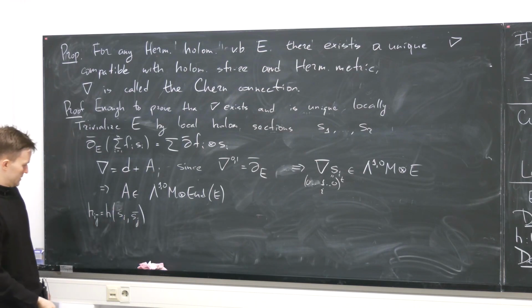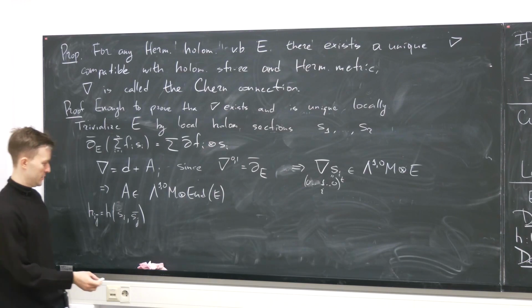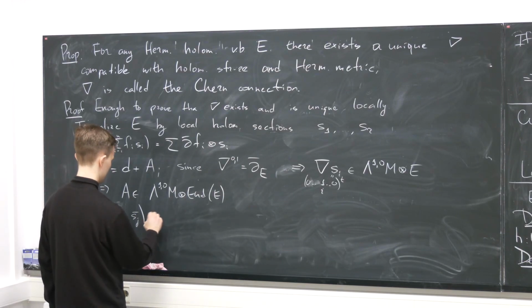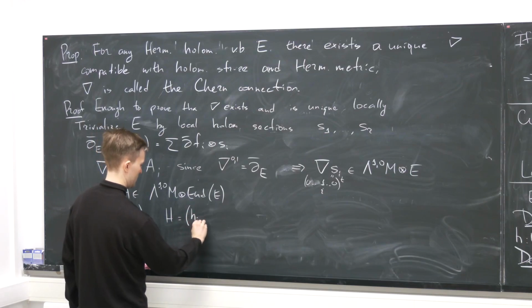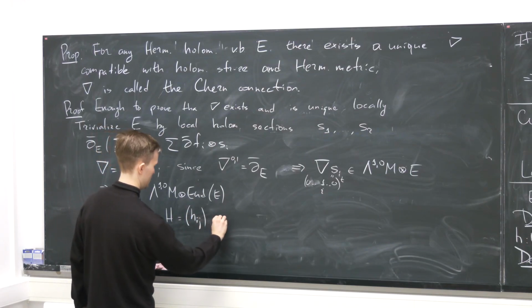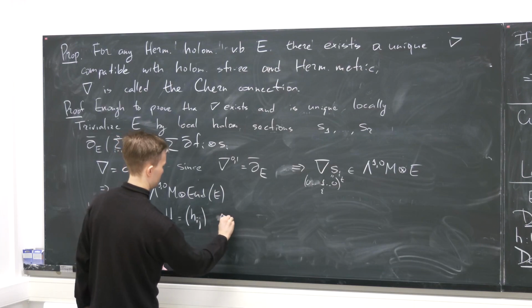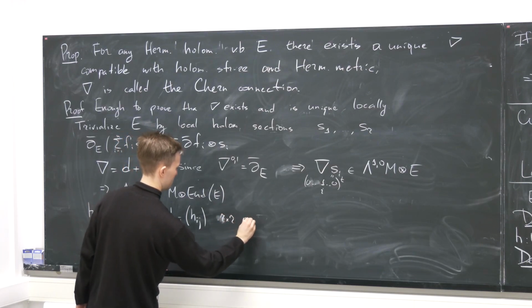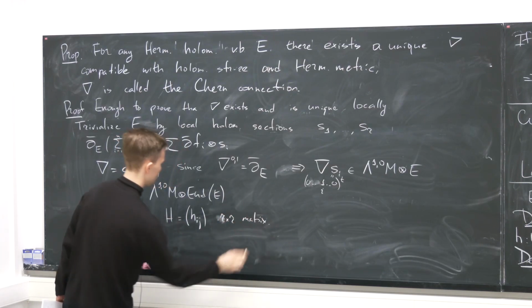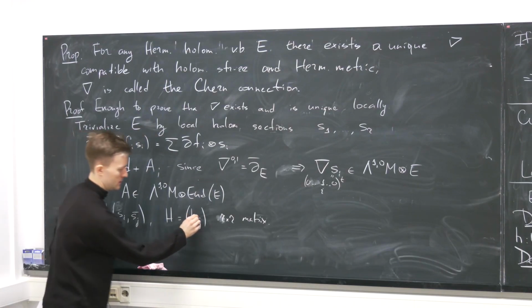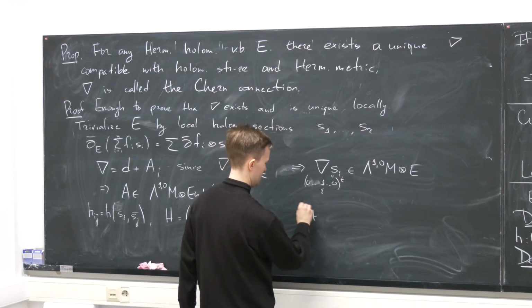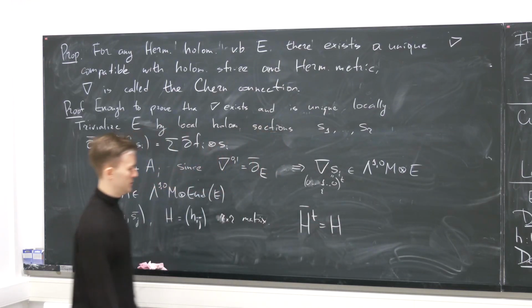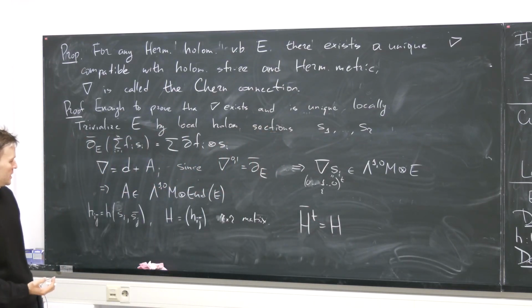Let's put them into a matrix. So H is a matrix consisting of these elements. It is an R times R matrix, and it is Hermitian by the definition of the Hermitian form.